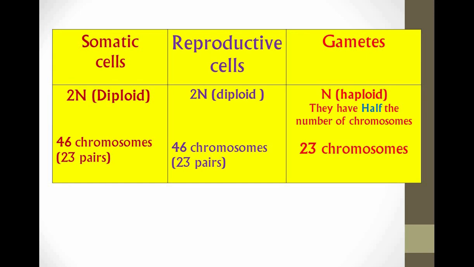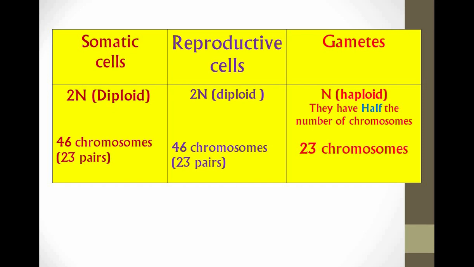The somatic cells' nucleus contains in humans 46 chromosomes or 23 pairs, so it is called the diploid number or 2n. Also reproductive cells' nucleus contains the same number as somatic cells, 46 chromosomes or 23 pairs, so it is called the diploid number or 2n.